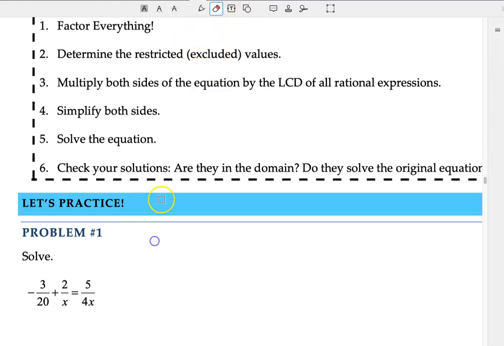And so we want to make sure that we are paying close attention to that.